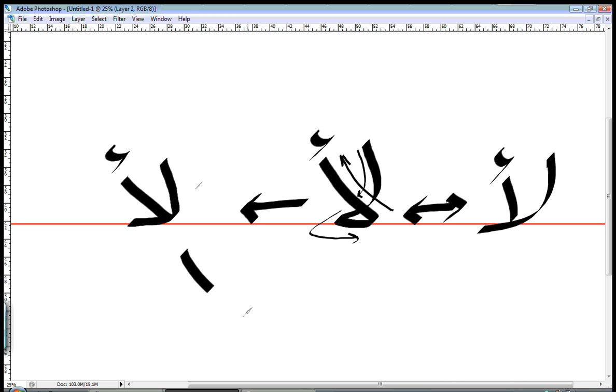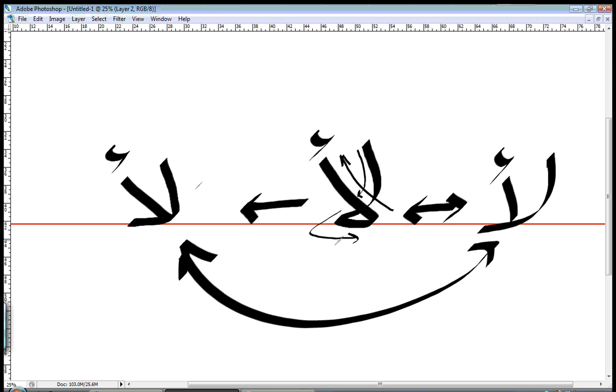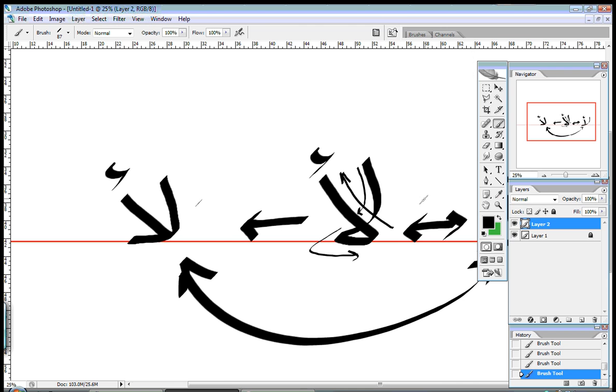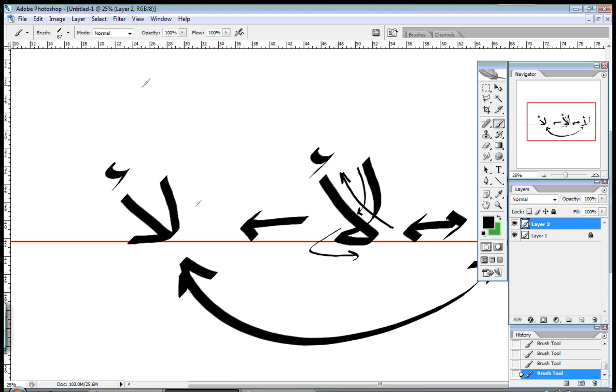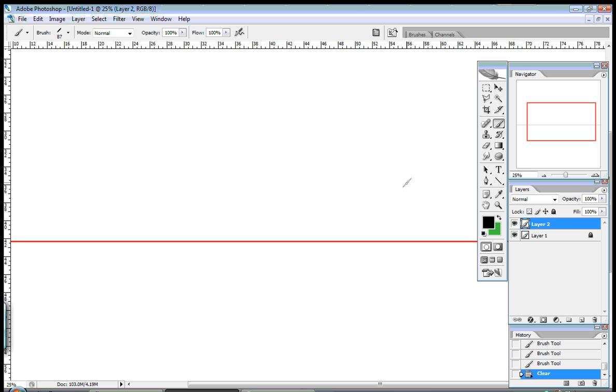So see, these 2 are similar. So, there you go. Because I'm running out of time, I have to do the other letters now. If you have any questions about the lam and how you write it, just send me a comment or a video response. I'll be happy to help.